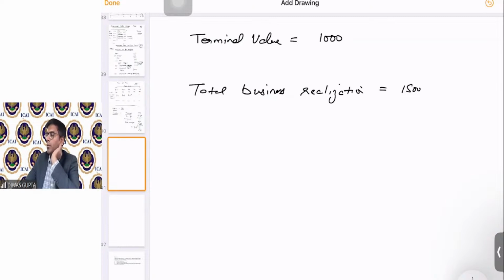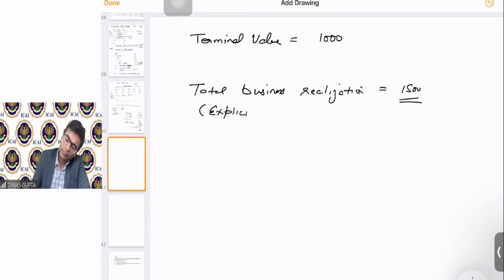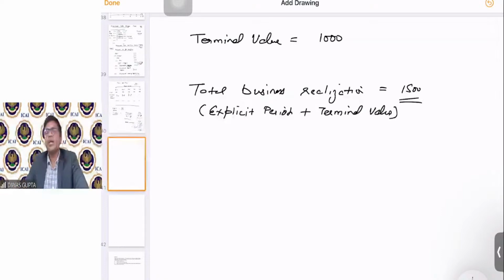This gives us the present value of what the business will earn in cash, for both the explicit period and terminal value. This becomes 1,500, students.